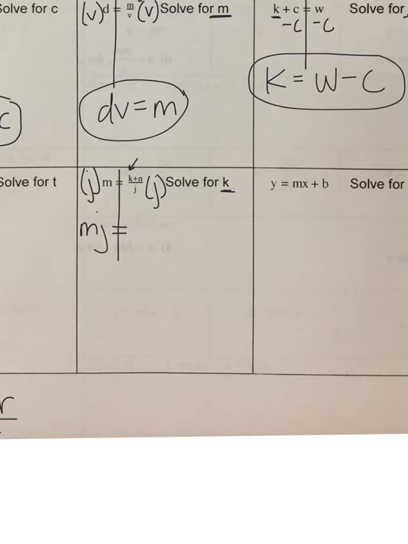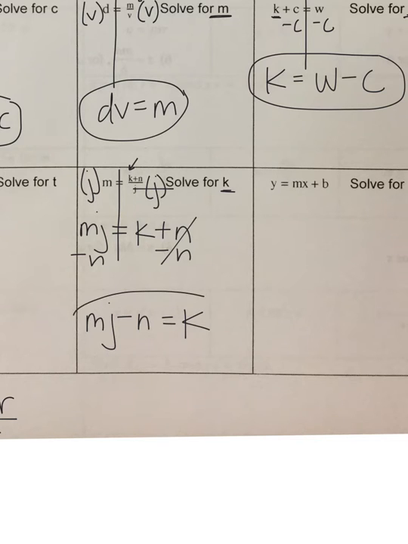MJ equals K plus N. Am I done? Nope. The K is not by himself. Now, I need to subtract the N. MJ minus N equals K. I'm done now because that K is by himself.